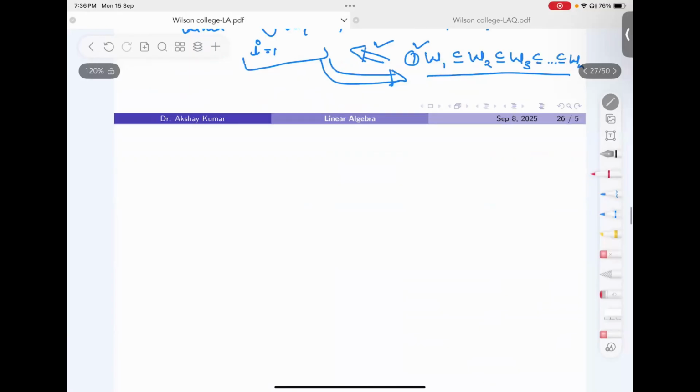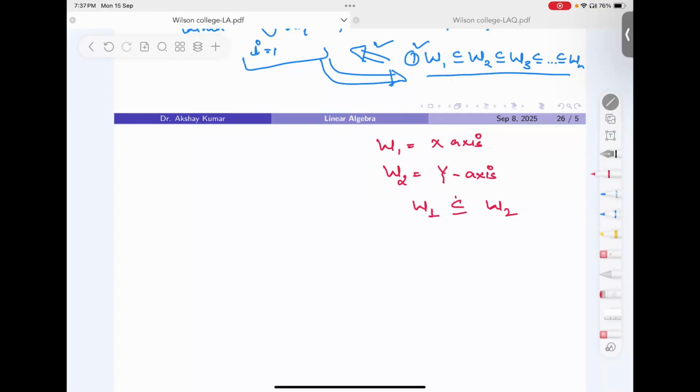Suppose you take your W1 as the x-axis and your W2 as the y-axis. Does W1 have any connection with W2? Are they related?